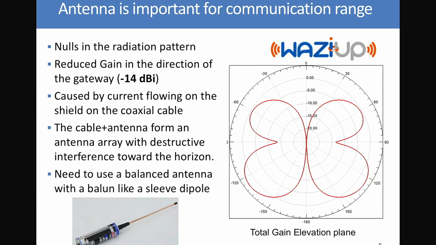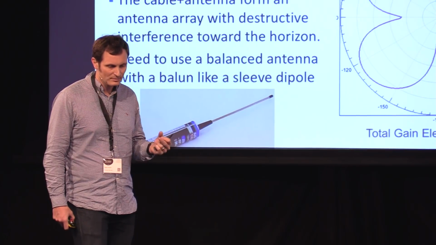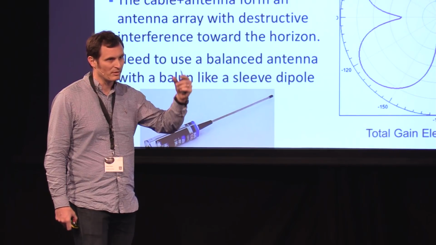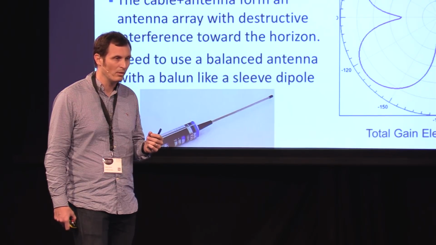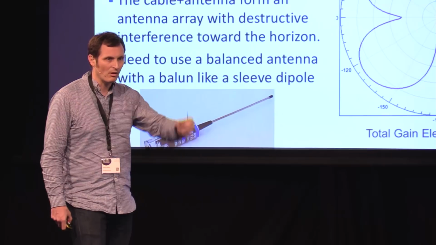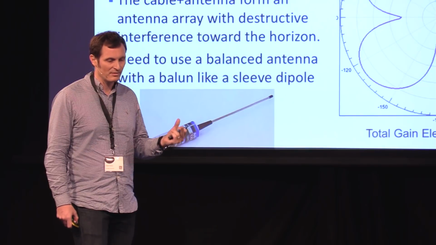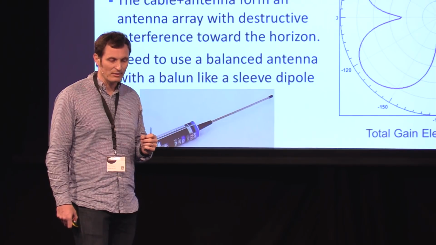So why do you have this effect? It is because if you are feeding a quarter wave antenna with a cable, and you are not using a balun, you will have a lot of current which will flow on the shield of the coaxial cable, and it will form, in fact, an antenna array all around the coaxial cable. And with an antenna array, we can have destructive interference toward the horizon.